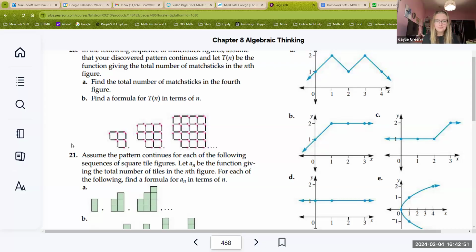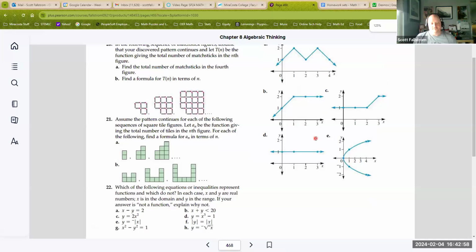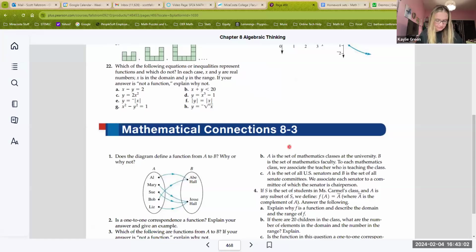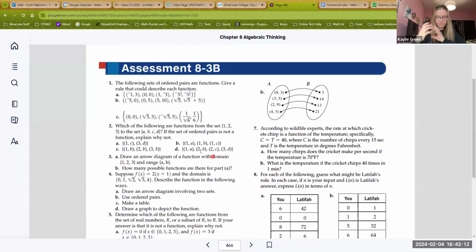Okay. Because I think it was for number two. On 8.3 when it gives you two sets and then it gives you, is it a function or not, right?